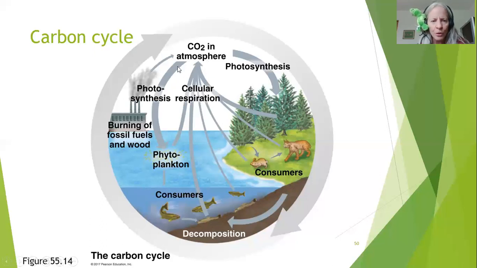Notice that there's also going to be photosynthesis in lakes and in aquatic ecosystems. So this could be a lake or it could be an ocean. So there are phytoplankton, small organisms on the surface of the ocean that perform photosynthesis and store carbon as sugars and other more complicated organic molecules.